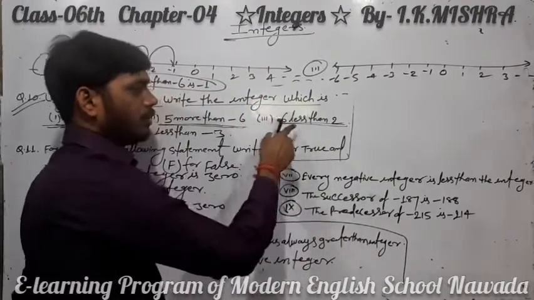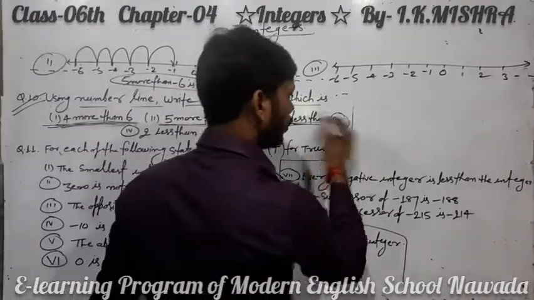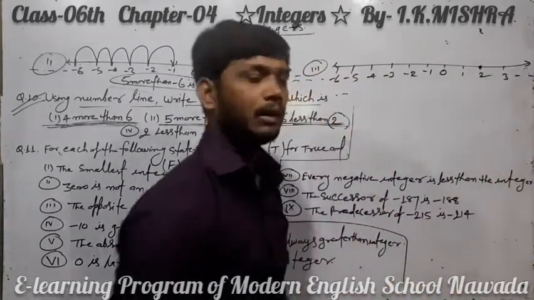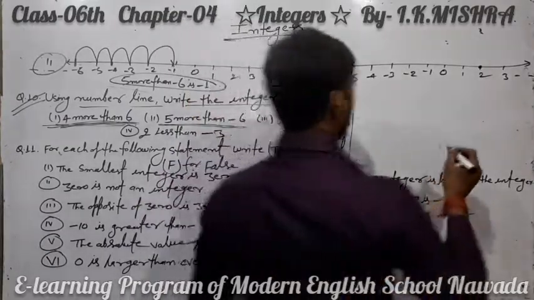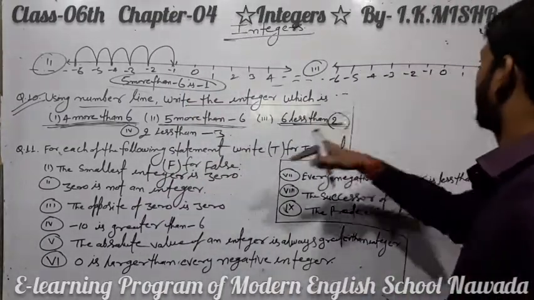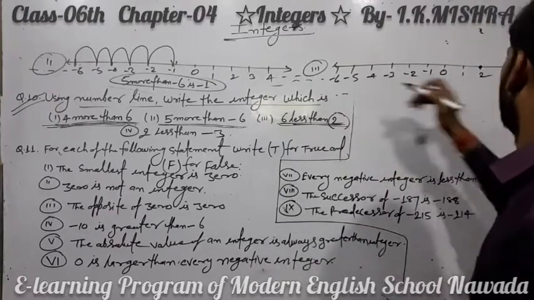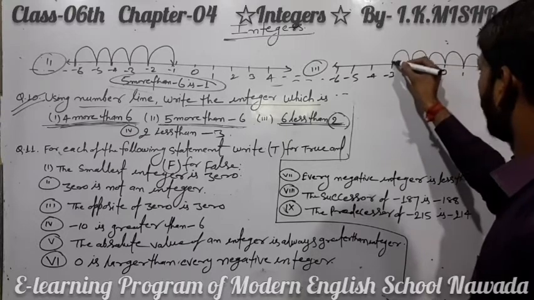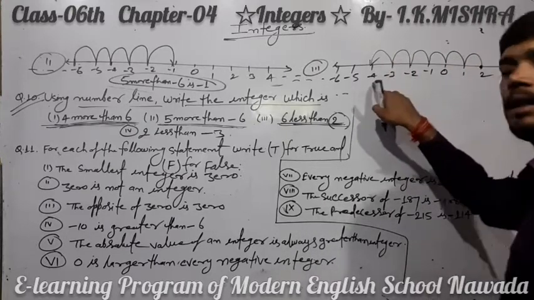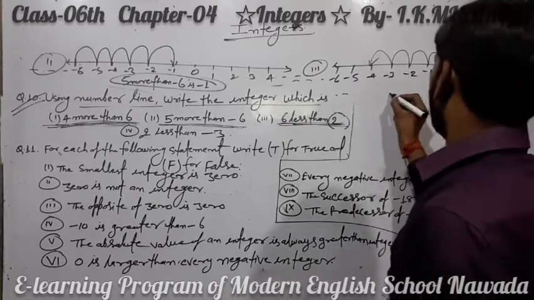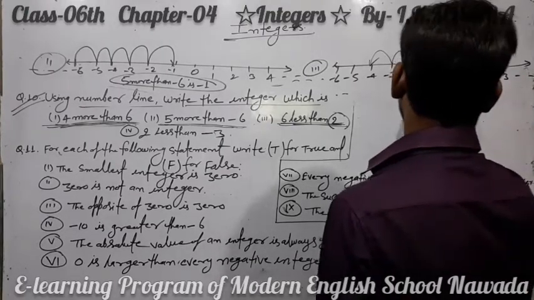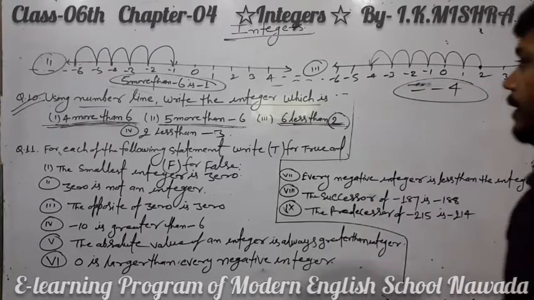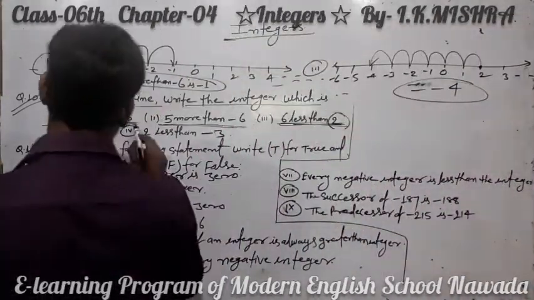First of all notice 2 and go 6 steps, right to left: 1, 2, 3, 4, 5, 6. Here 6 steps left, then the answer is equal to minus 4.